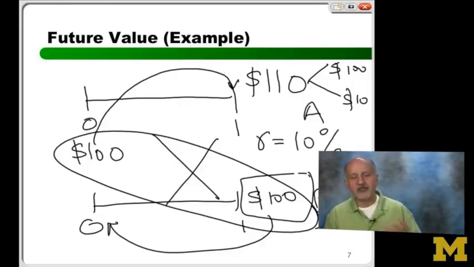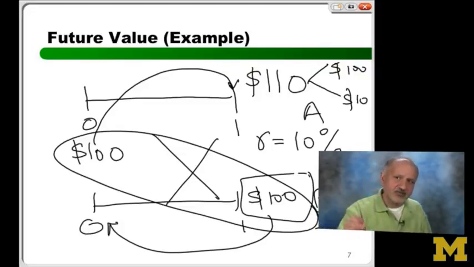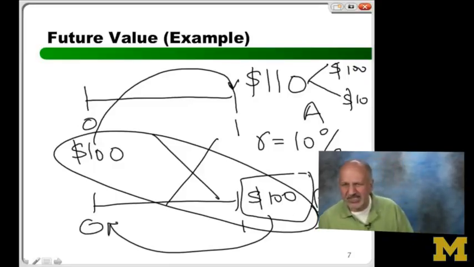So as I promised you, I'm not going to throw a formula at you till at least you've had some sense of where I'm going. And hopefully the simple example has motivated you to try to understand future value a little bit better.